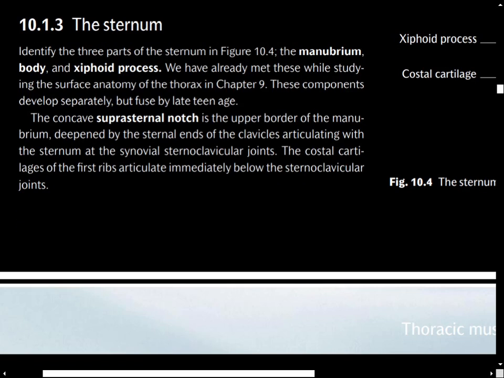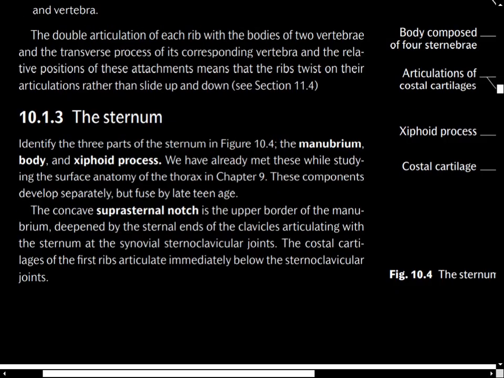The sternum. Identify the 3 parts of the sternum: the manubrium, the body, and the xiphoid process. We have already met this while studying the surface anatomy of the thorax. These components develop separately but fuse by late teenage.